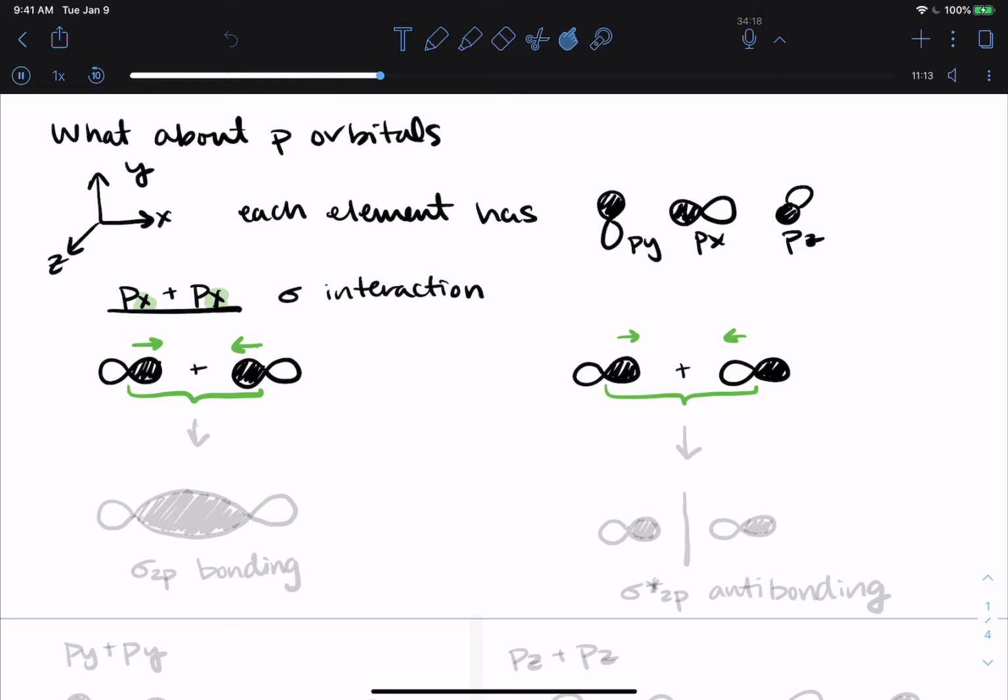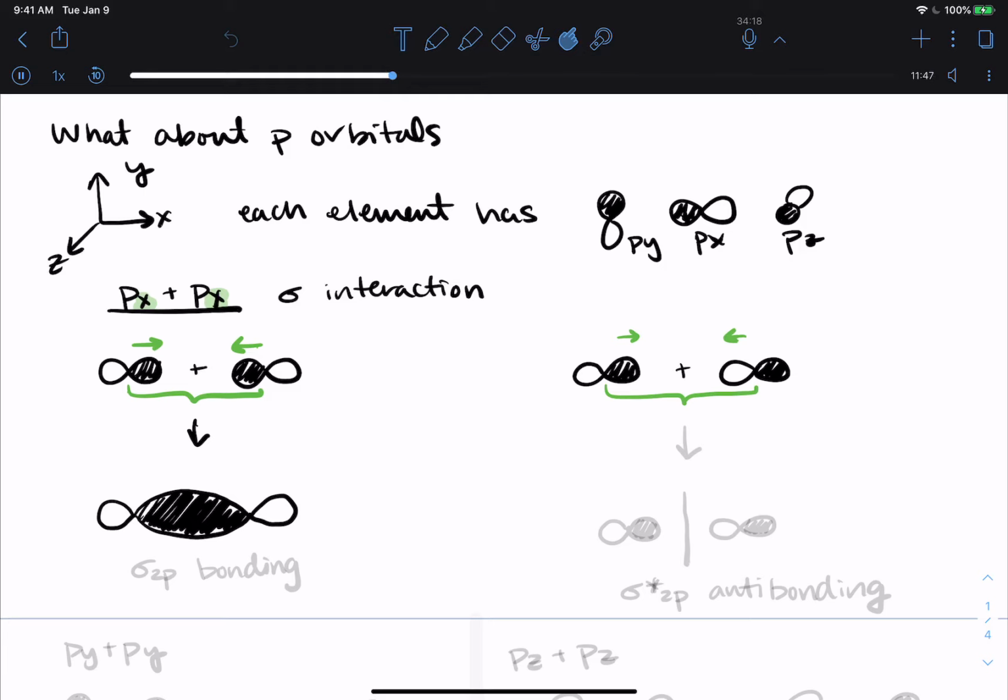Okay. So if I combine my in-phase orbitals, it looks kind of weird. Like this lobe on the left, nothing has changed about it. These two lobes in the middle overlap, give me kind of a giant super lobe. And then this lobe on the right is totally unchanged. So all of this is shaded because it started out shaded, and I've got constructive interference here.